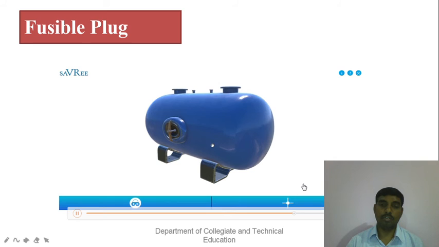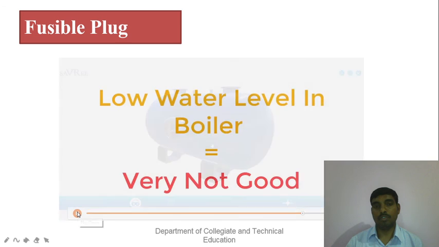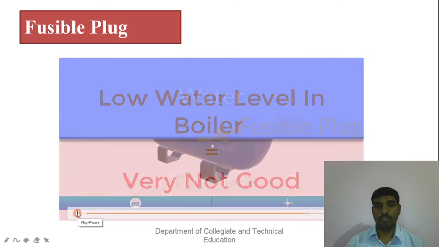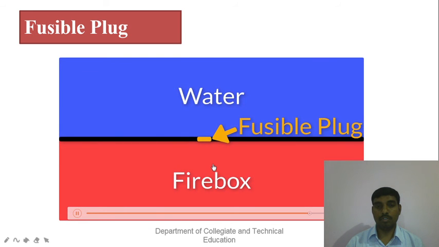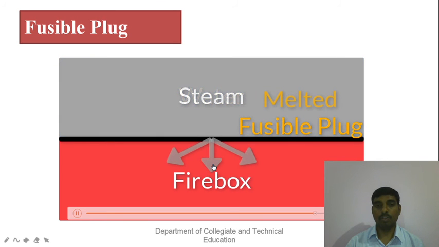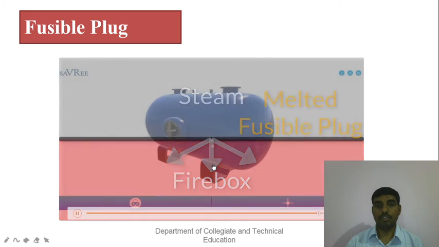You'll also see fusible plugs in older water tube and fire tube boilers. They were used in the past as a last resort should your boiler be low firing. So if the water level had gone so low that it uncovered the fusible plug, which was normally submerged in water, the steam and the elevated temperature would melt the fusible alloy and the steam would then enter the furnace space or the firebox and it would extinguish the fire as well as vent the steam, at least to the firebox.